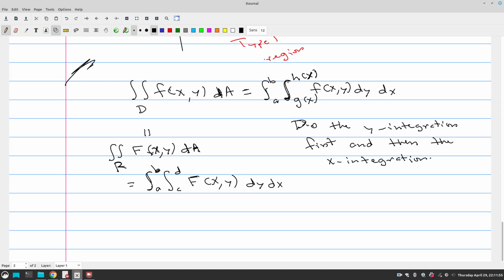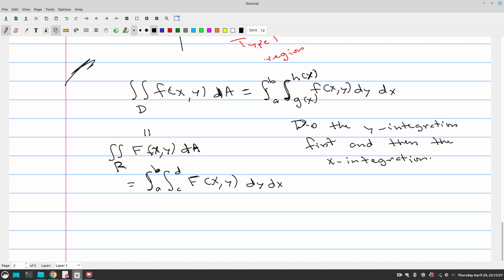Alright, so we can write an integration over a rectangular region in this fashion. Now, because this is an integration over a rectangular region, we are allowed to use Fubini's theorem, right? And we can change the order of integration if we so wish.